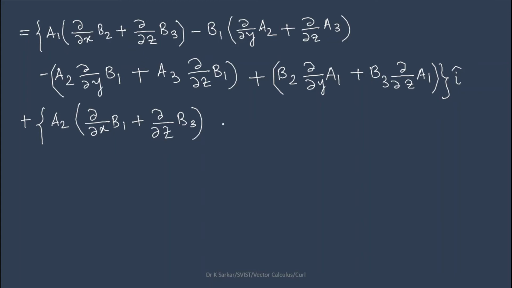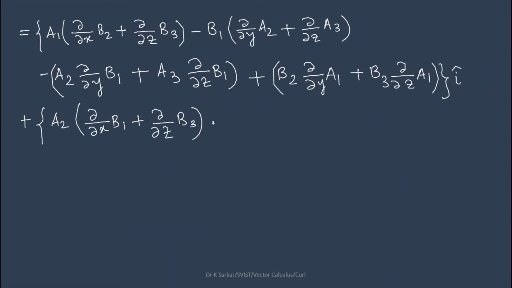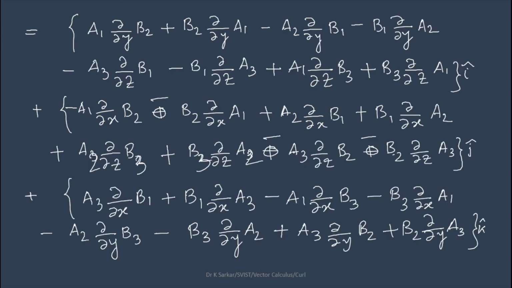Okay, next. I think the next term will come minus B2. Let's see. So minus B2 del/del x of A1, minus B2 del/del z of A3, matched. Okay, so minus B2 del/del x A1 plus del/del z A3. Next it should come like this. Let's see the remaining terms.